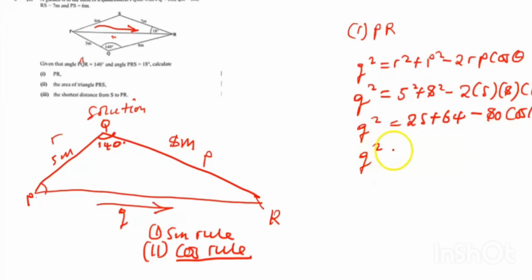Then q squared is equal to 25 plus 64, you're going to have 89 minus 80 cos 140.